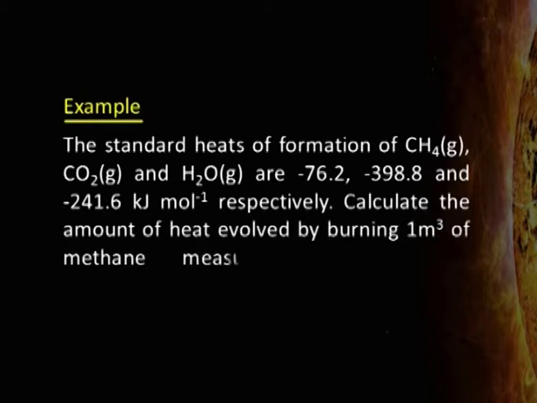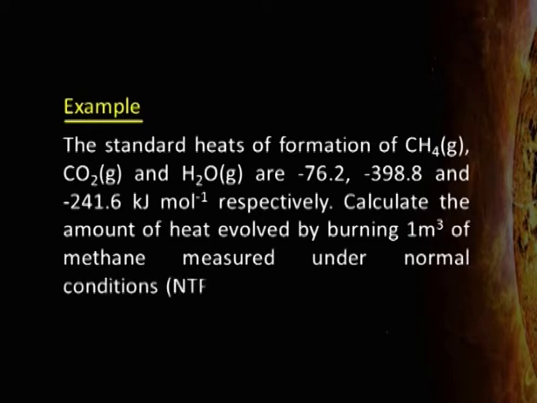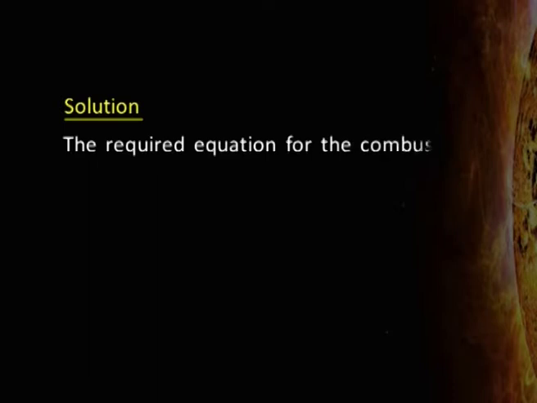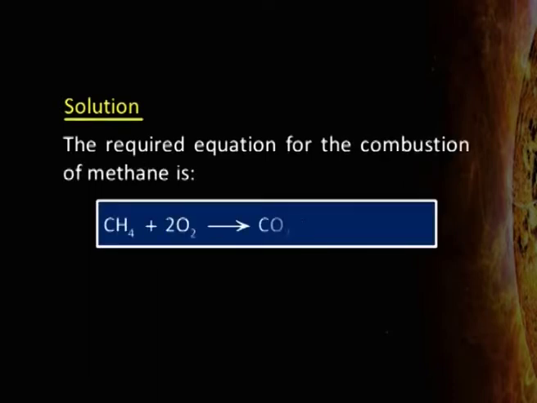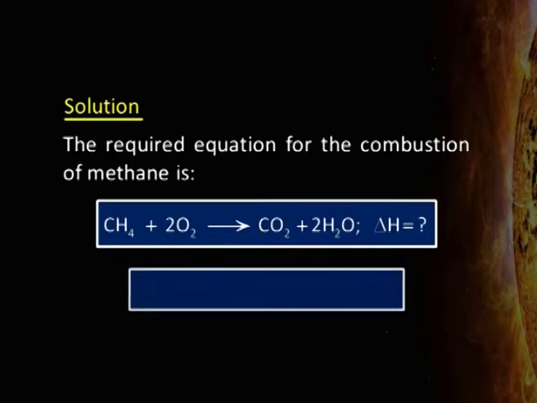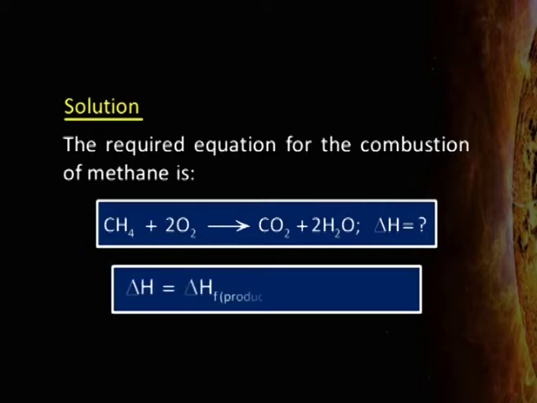Calculate the amount of heat evolved by burning 1 meter cube of methane measured under normal conditions, that is at NTP. The required equation for the combustion of methane will be CH4 plus 2O2 giving you CO2 plus 2H2O. Here delta H for the equation is not given. Delta H for reaction will be equal to delta H products minus delta H reactants.